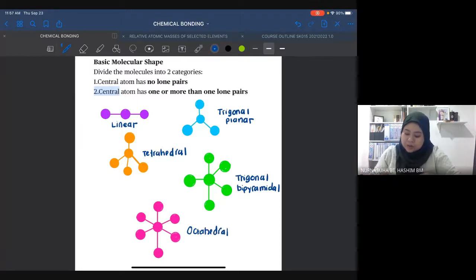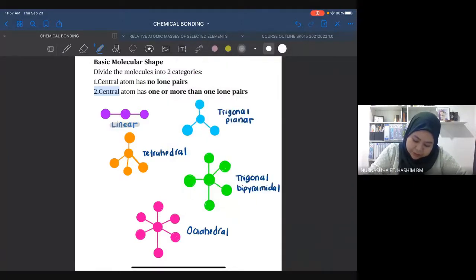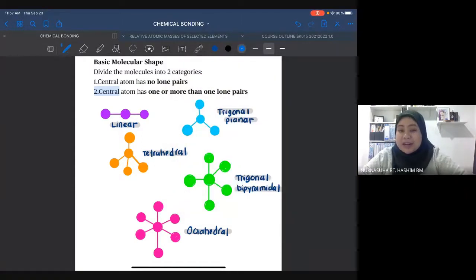Okay, the fourth one is Trigonal Bipyramidal. Last one is Octahedral. Okay, ambil masa sekejap study the shape. Okay, let's study the shape first.